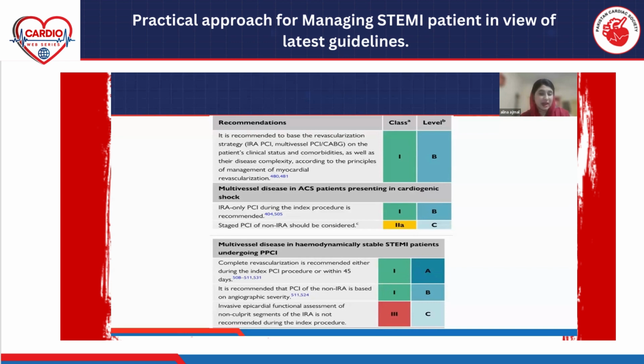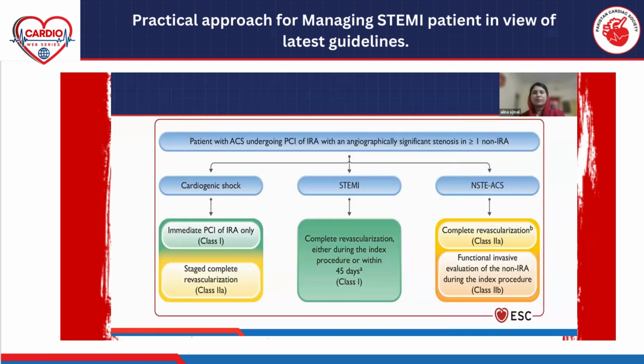It is recommended that PCI of the non-infarct-related artery is based on angiographic severity. So this is another algorithm from ESC 2023: if the patient has cardiogenic shock, immediate PCI of the IRA only. This is class 1. And staged complete revascularization.